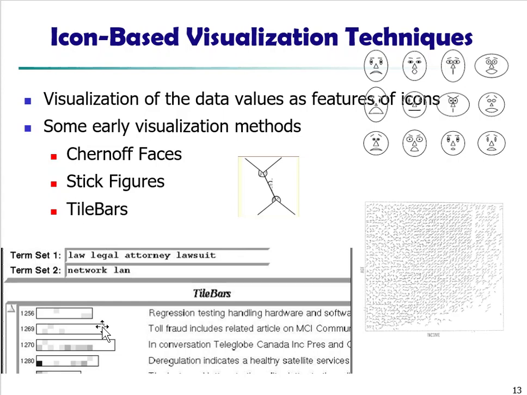It was used for information retrieval tasks, in order to illustrate where your search term appears in a document. So this bar shows the location in the document where the search term appeared. I think Chernoff faces and stick figures are the more representative examples of icon-based visualization technique.